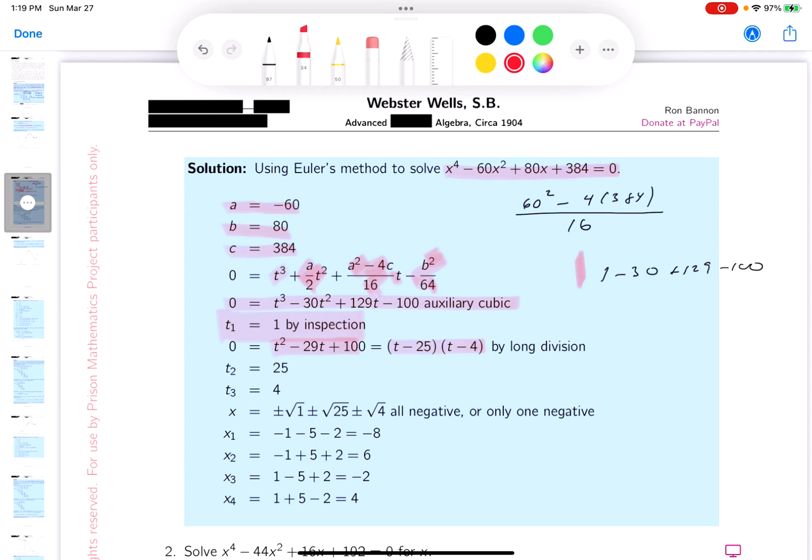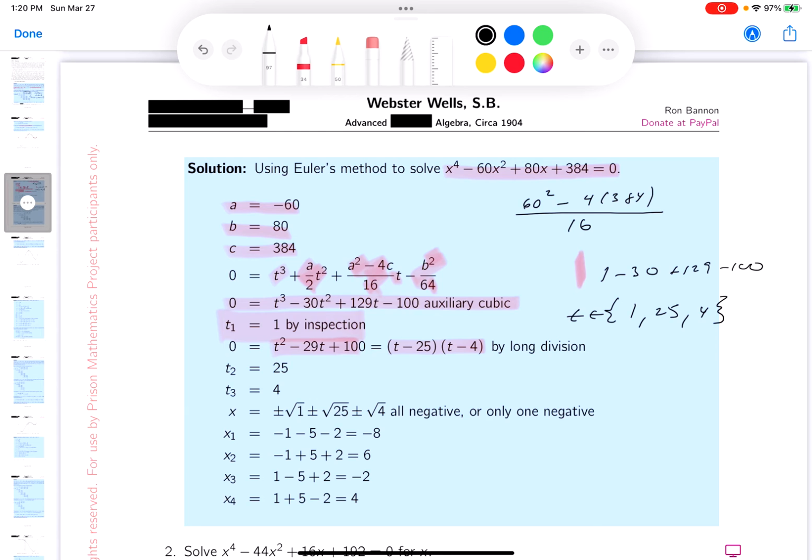So I'm getting 3 t's now. For the t's, I'm getting 1, 25, and 4. And to me, I really think I've done way more work than just using the rational root theorem on the original problem. I'm still not there yet. So then what do you do?